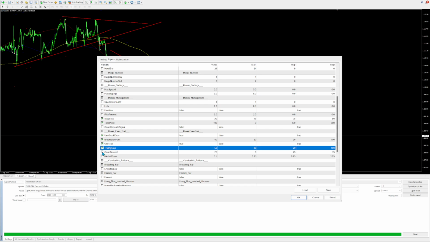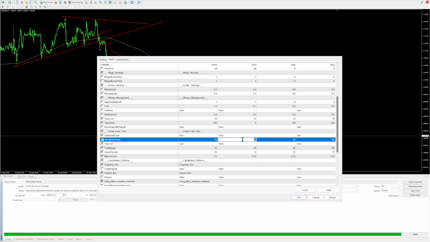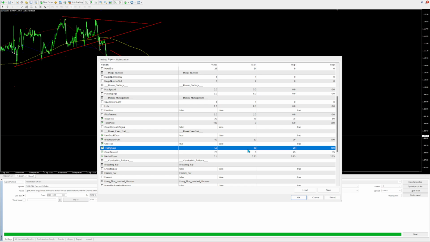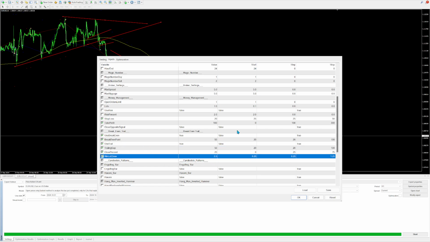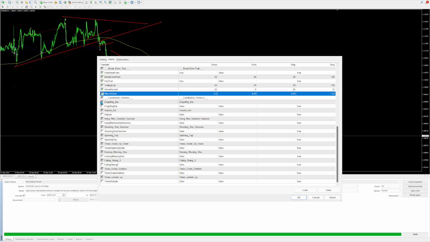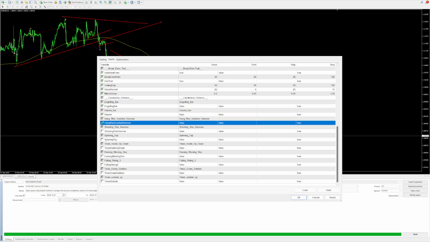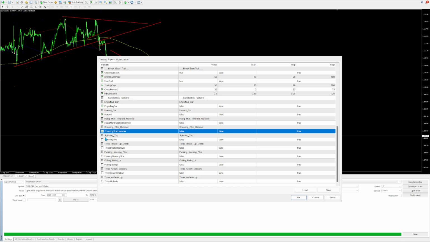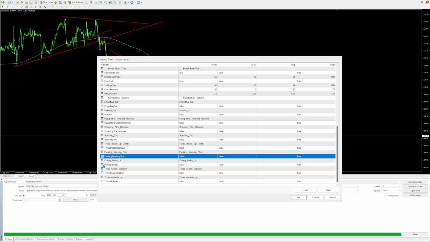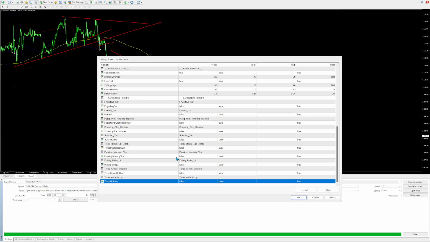You can test everything. So we'll test the break even from 20 to 100 pips, trading gap from 20 to 100 pips, close percent, minimum lot close. We'll optimize all of those settings. And in fact, let's just test true or false our candlestick patterns, which one should be true, which should be false.